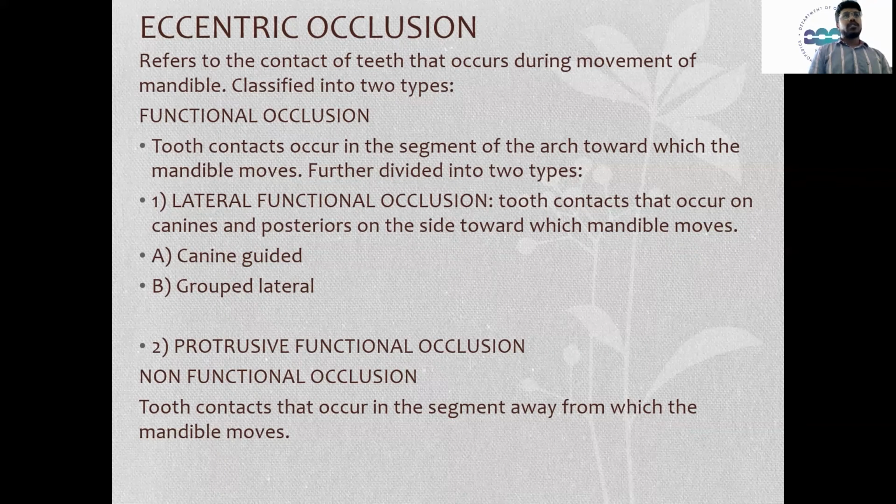These are the factors coming under functional occlusion. Functional occlusion is the normally seen, preferred occlusion, whereas non-functional occlusion is a slightly deranged type of occlusion, in which the tooth contacts occur in the segment away from which the mandible moves.